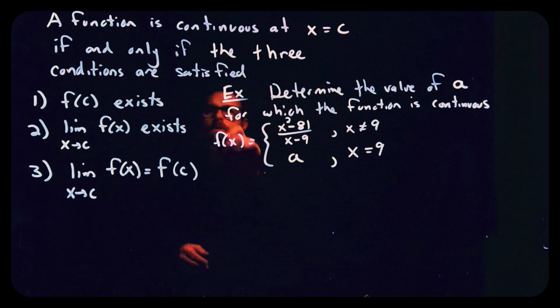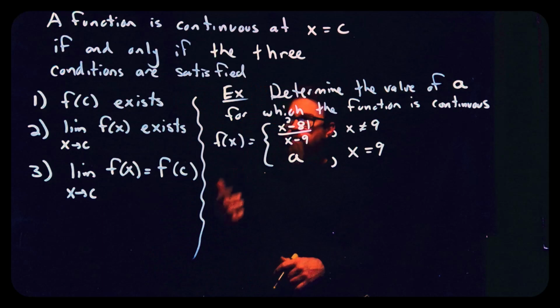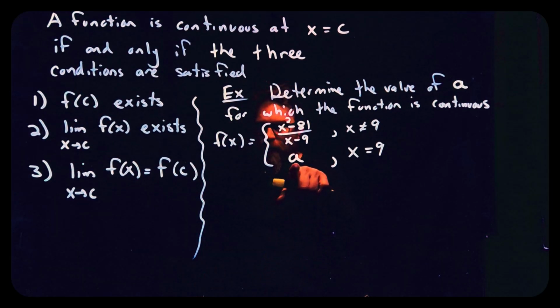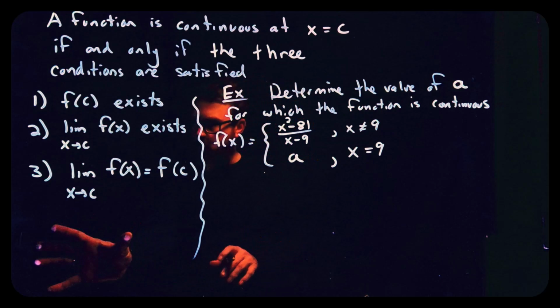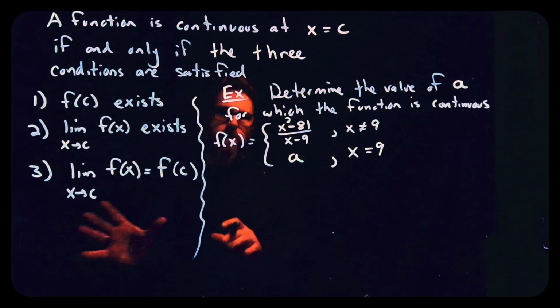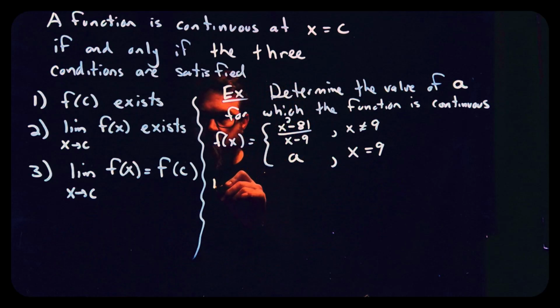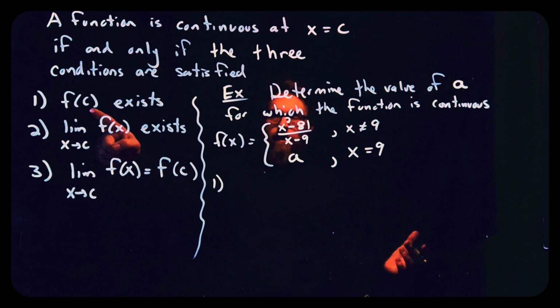All right. So in order to make this work, we have to really just go through these 3 conditions. And I'm really trying to find the value of a for which this function is continuous. So we have a piecewise function here, and we'll draw a picture over here to make sure this makes sense when we're done doing this algebraically. So let's go through the steps. Number 1, we know that the function has to exist at that c value.